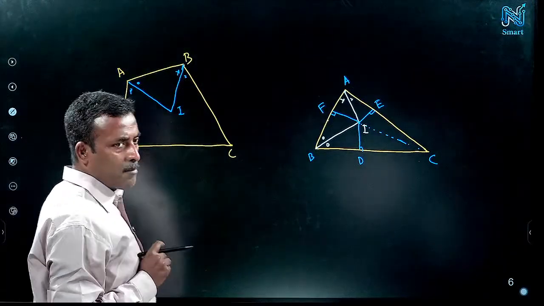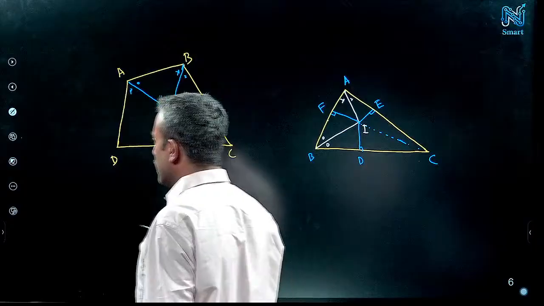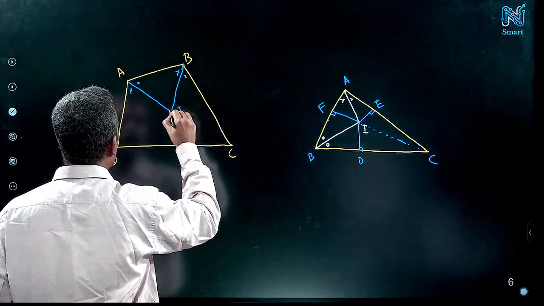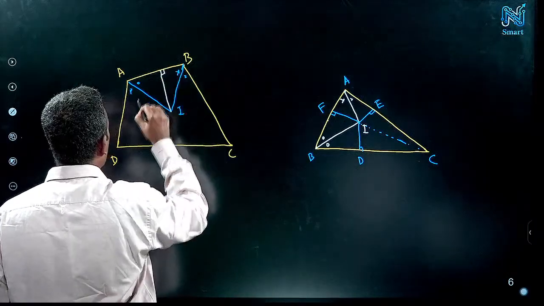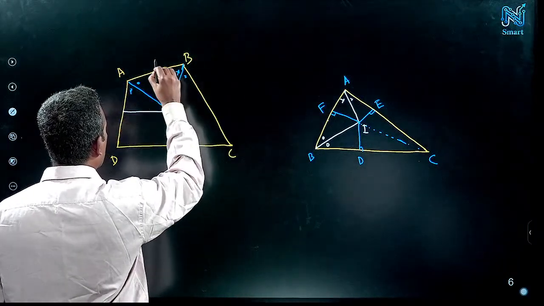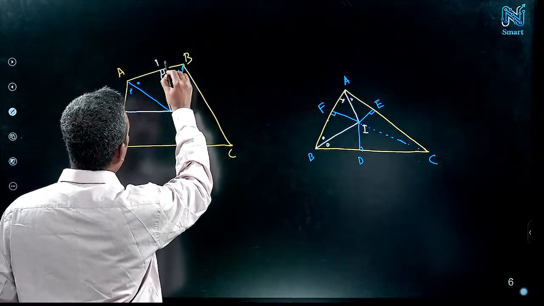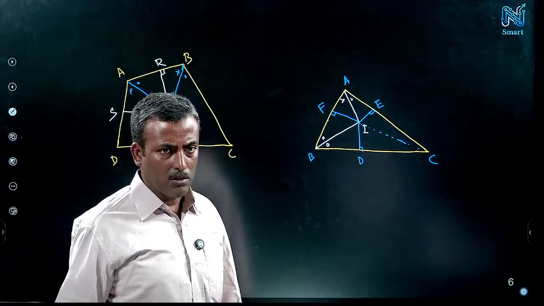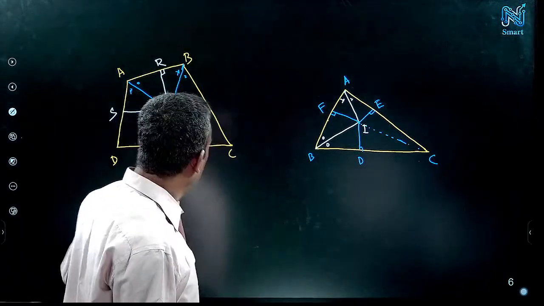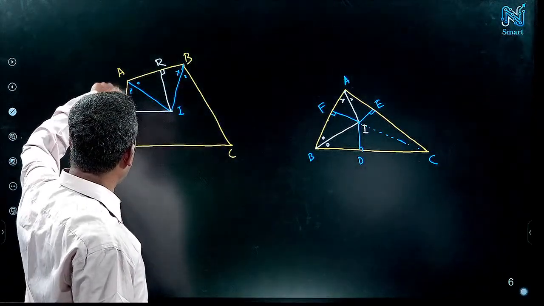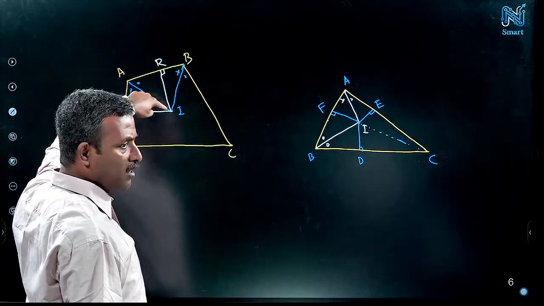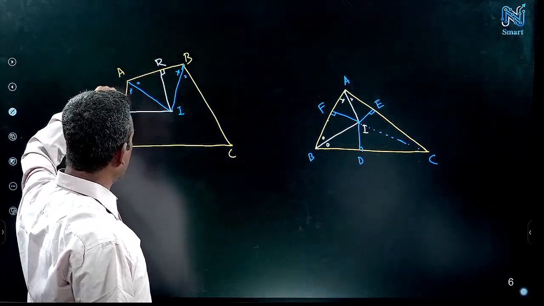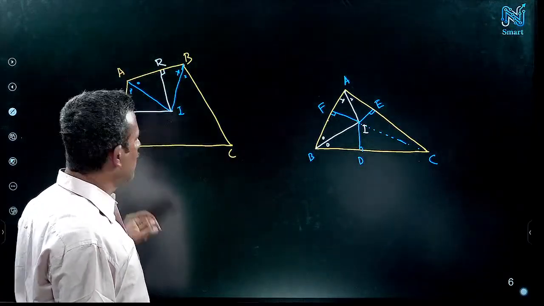Now what can we say? If we drop the perpendiculars here, they are equal. Say R, and this is S, then IR equals IS. Same logic, because angle SAI is the same as RAI, angle bisector, and this is 90°, so angle side angle.